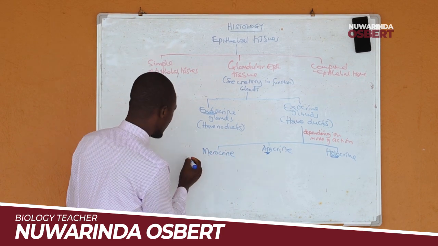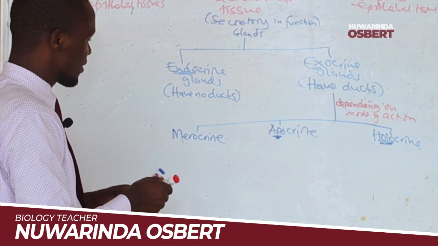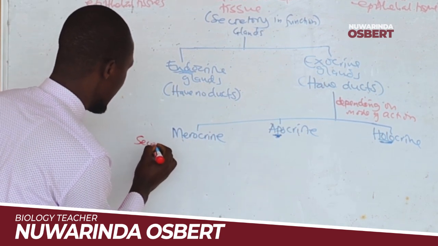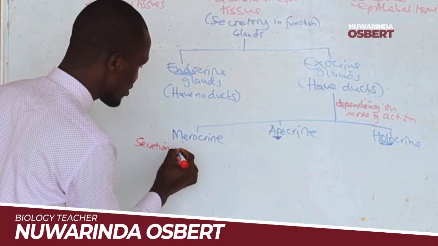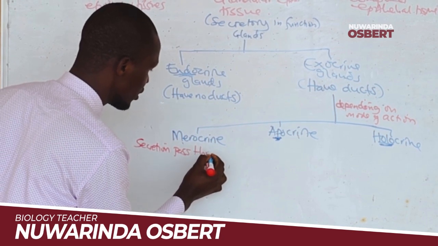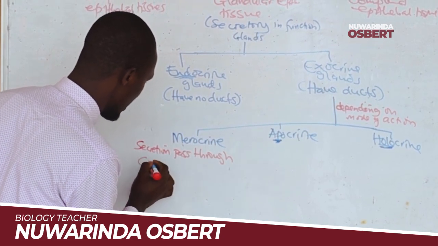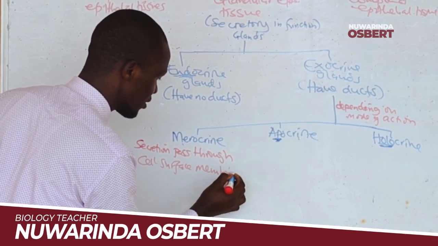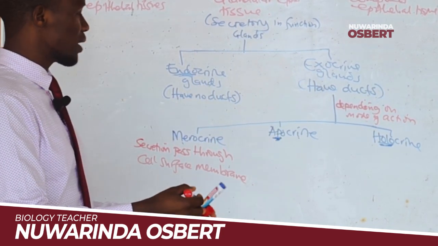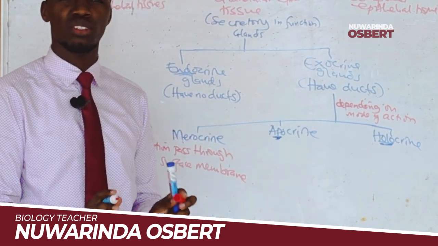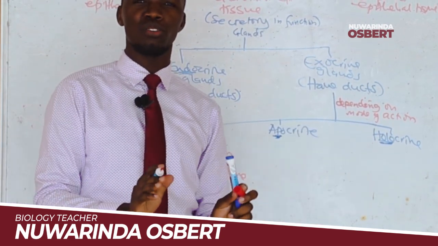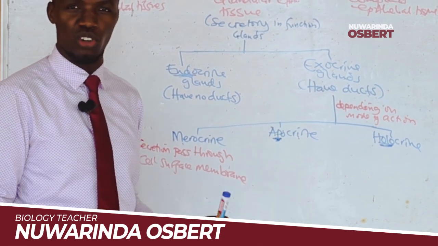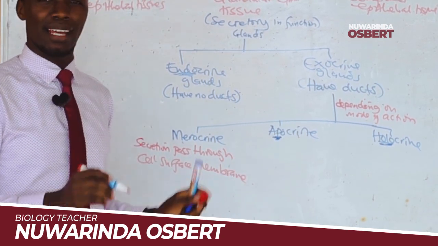In other words, the secretions just pass through the cell surface membrane, and the cell does not get any kind of disturbance or damage, or lose anything.